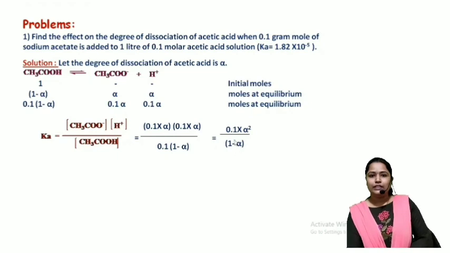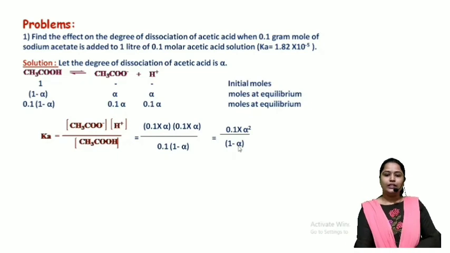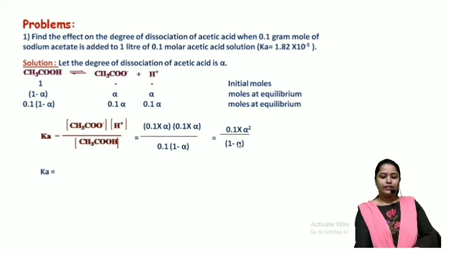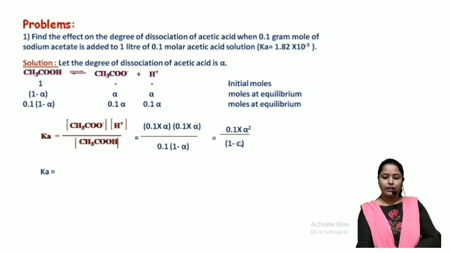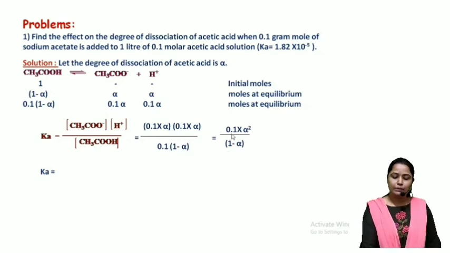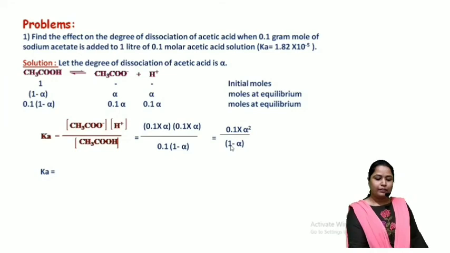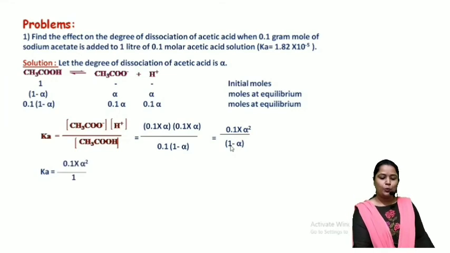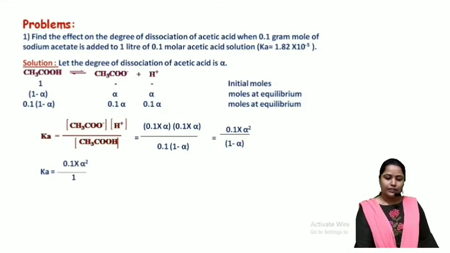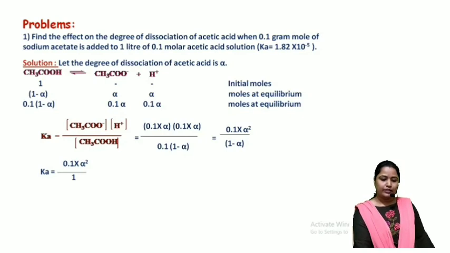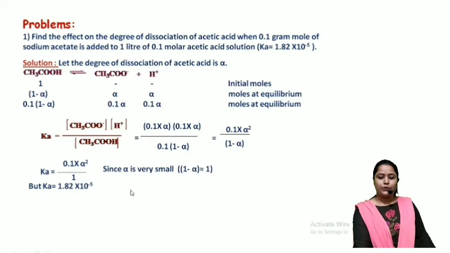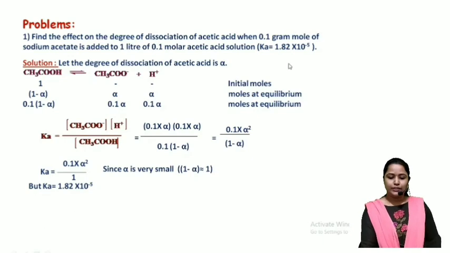Here, alpha is the degree of dissociation and its value is very, very small. Therefore, 1 minus alpha is approximately equal to 1. Therefore we get Ka is equal to 0.1 into alpha square upon 1. But the value of Ka is given, it is equal to 1.82 into 10 raised to minus 5.